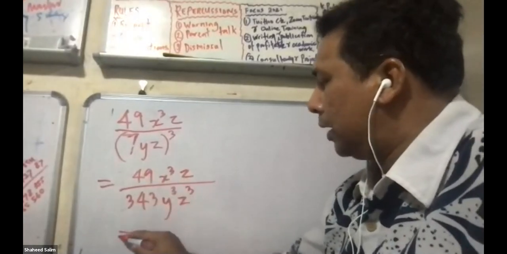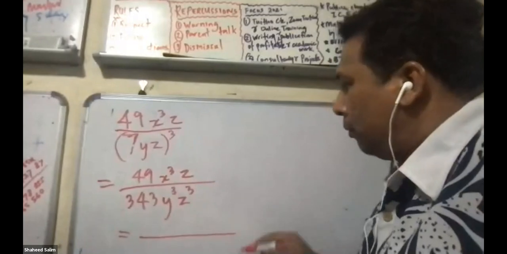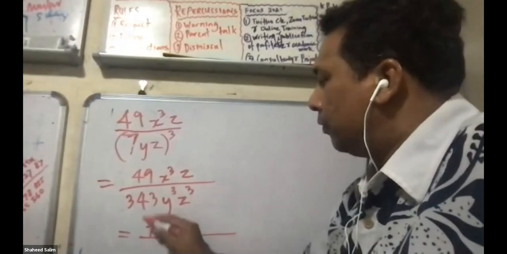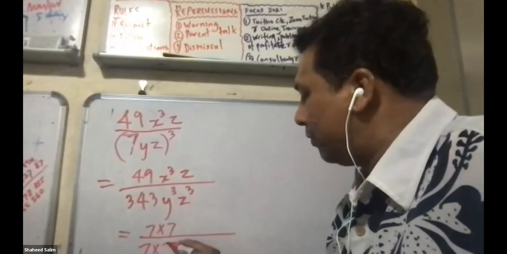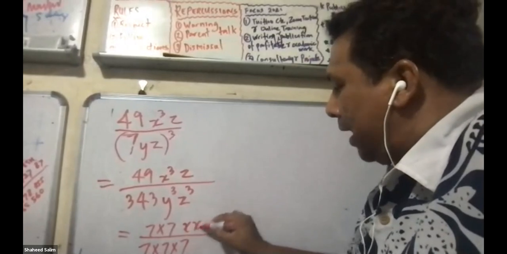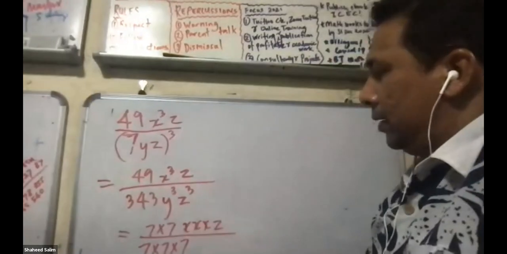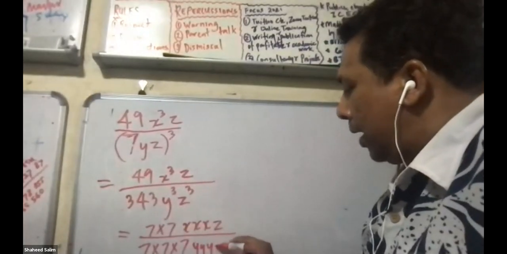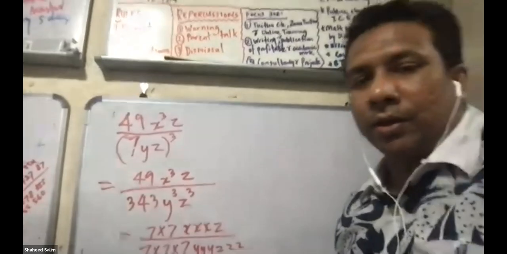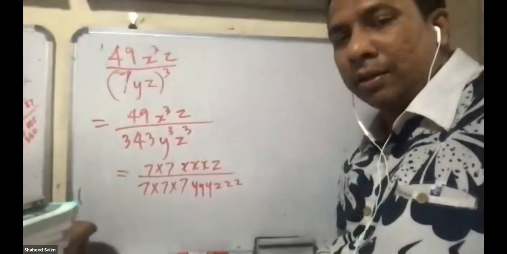So I'm going to show you now in broken up version. 49 is 7 times 7. 343 is 7 times 7 times 7. So that you can see clearly, this is X, X, X, Z. This one is Y, Y, Y, Z, Z, Z. Can see clearly or not? You must tell me.